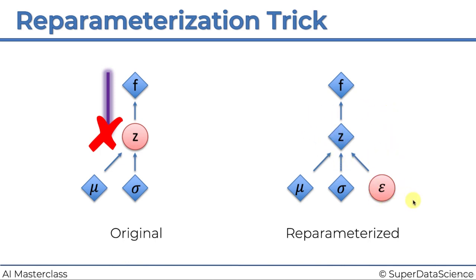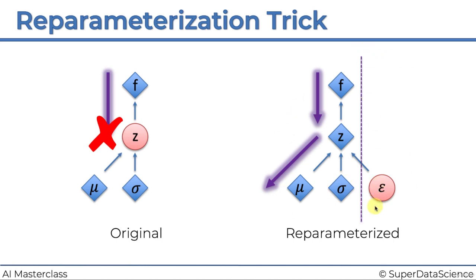It's just going to be a standard distribution with a mean of 0, standard deviation of 1. There's nothing special about it. We don't actually need to train it. Whereas everything else that we do want to train is easily accessible to backpropagation. So backpropagation just simply runs through it because there is no randomness here.